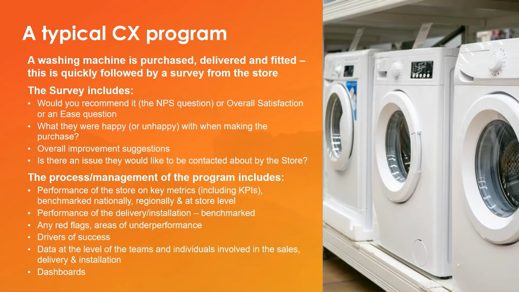We are probably going to look at how did the individuals who made the sale perform? How did the individuals who delivered and installed the washing machine perform? We're going to identify any red flags or areas of underperformance. We might also have a process to look at what are the drivers of success.